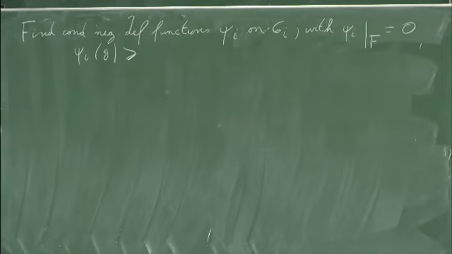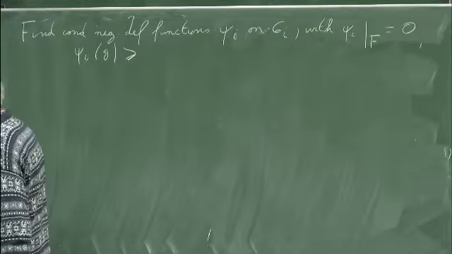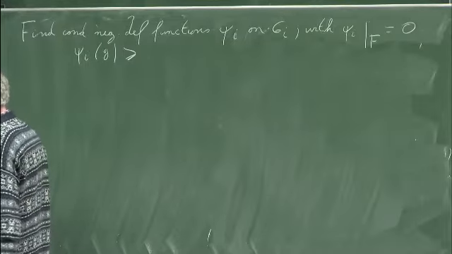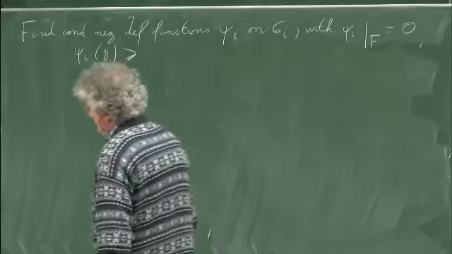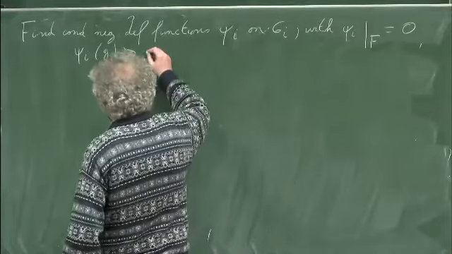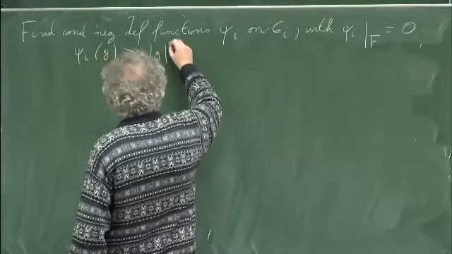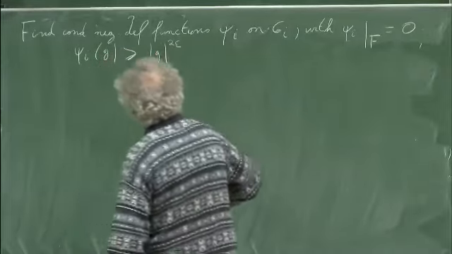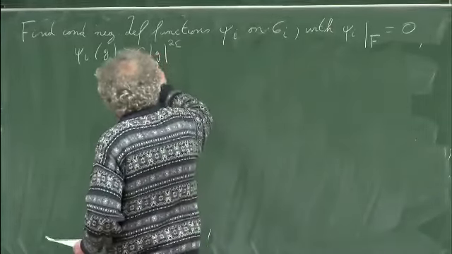Whenever you have an embedding f into Hilbert space, you take the norm squared of this embedding, and this gives you the conditionally negative definite function. So we know that psi i of g is larger than |g| to the 2 epsilon, and maybe with a constant C.